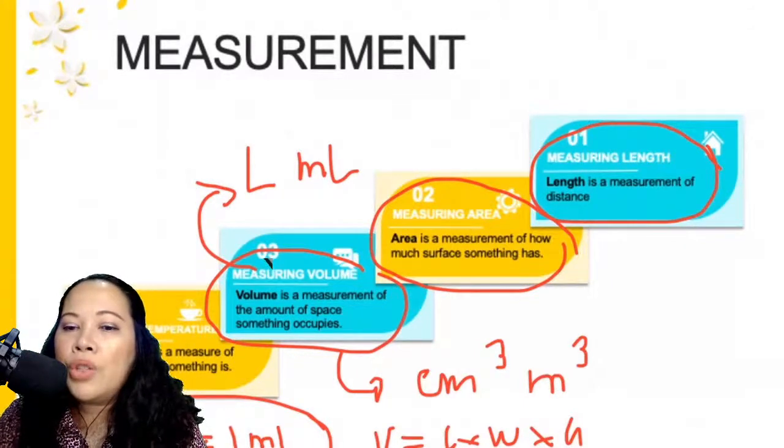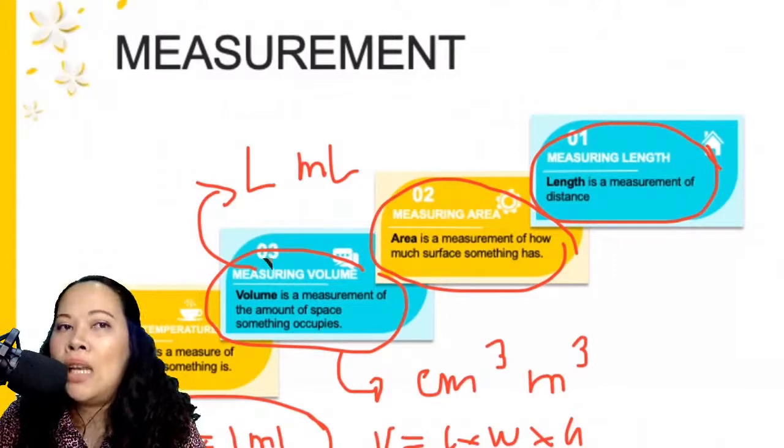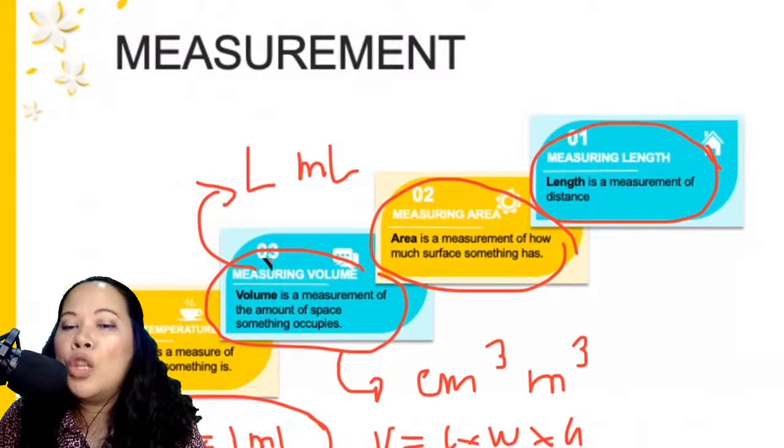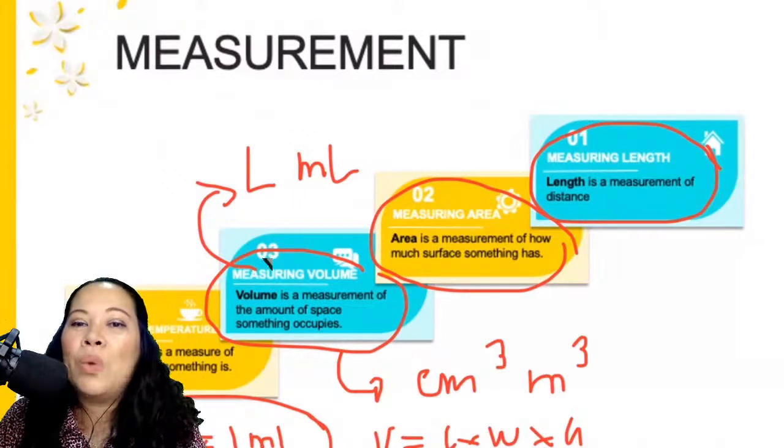So if your doctor would tell you to give this person, let's say, 2 cc, 2 cc means 2 cubic centimeter. Okay, so that is what it meant.